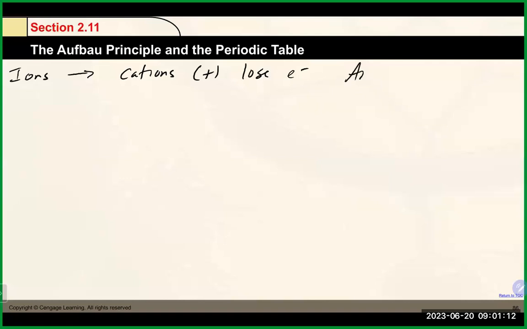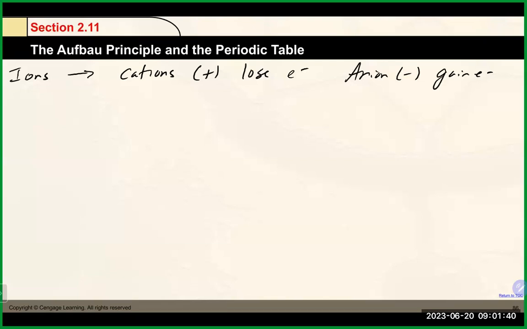And there are anions, which are negatively charged ions, which are the result of gaining electrons, as we talked about when we talked about atomic number, protons, electrons, and neutrons. Now, when we do have ions, we have to adjust the electron configuration for the charges that are present, because they no longer have the same number of electrons that they started with, as they either gave away electrons or gained electrons.